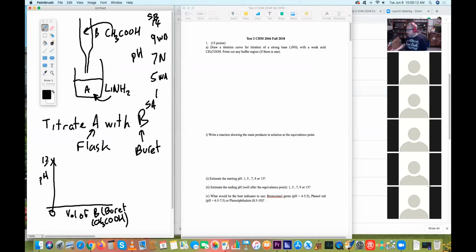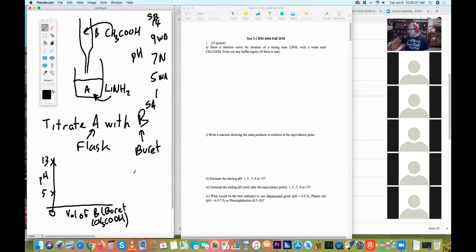It also makes sense that after a time when we've neutralized all of the base in this flask, all we're going to be left with is acid, and we're going to end with a pH equal to whatever that is. It says that's a weak acid according to my diagram on the pH scale.